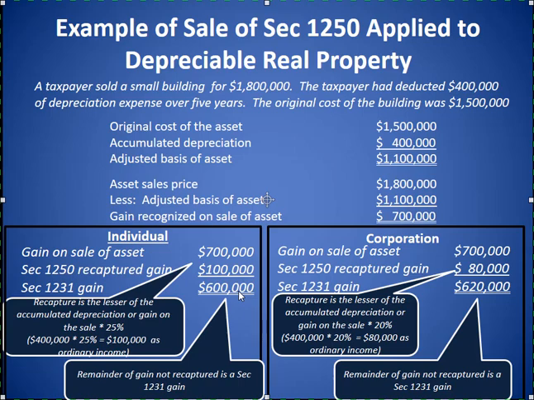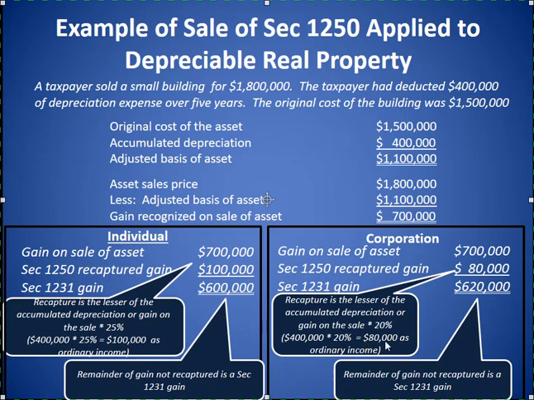Now, if we look at the corporation side, it's pretty much the same thing. The only difference is that instead of using the 25% statutory rate, the 20% rate is used for corporations. So in this case, the lesser of the gain versus accumulated depreciation is still $400,000, but now instead of that 25% being applied, we apply the statutory rate of 20%.